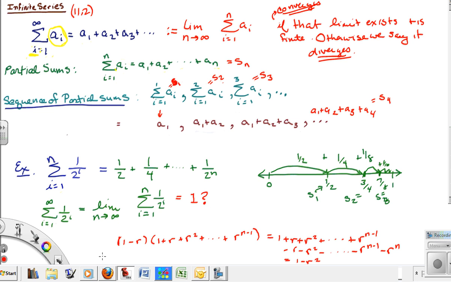So in other words, let's write this in a different color, 1 minus r to the n over 1 minus r is equal to 1 plus r plus dot dot dot plus r to the n minus 1. So how can I write this?